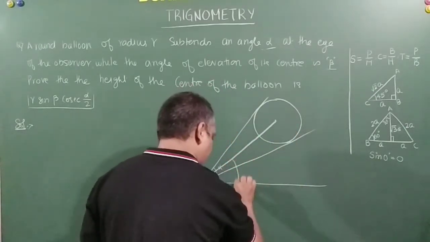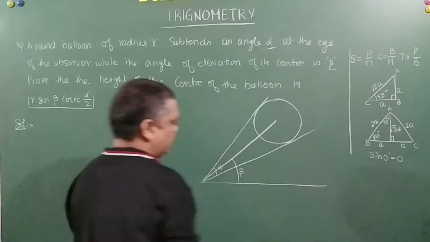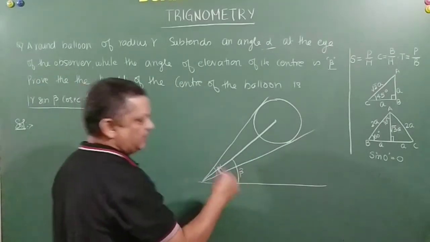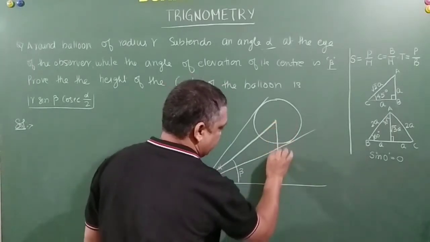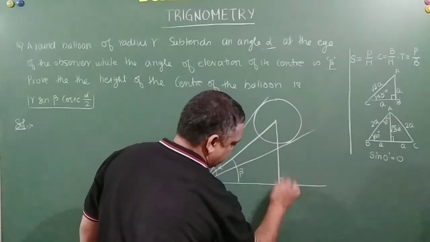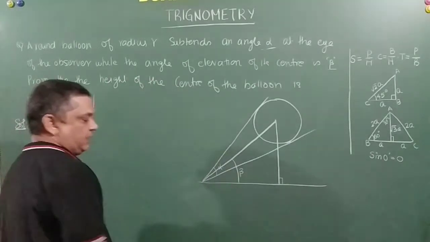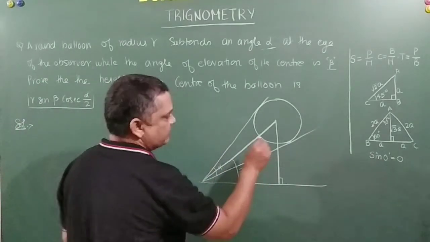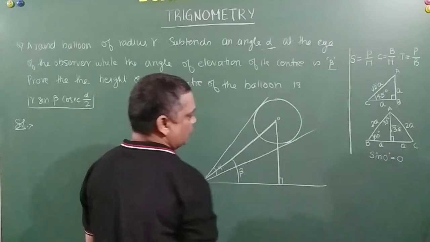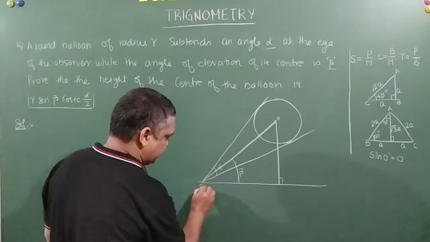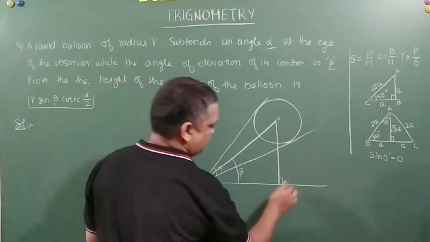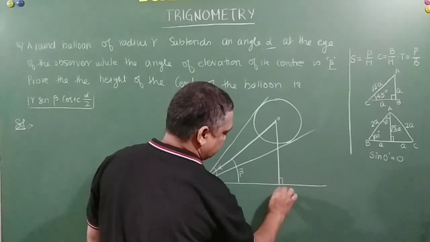This is given to be beta. You are getting my point? We'll name everything. 90 degrees. Now we'll name this point. Let's call it O. Let's call it C. Call this point A.